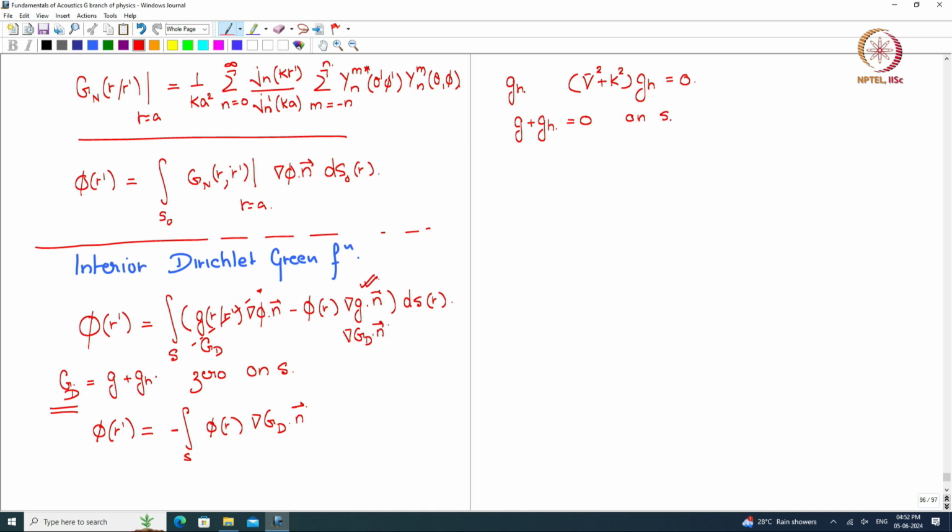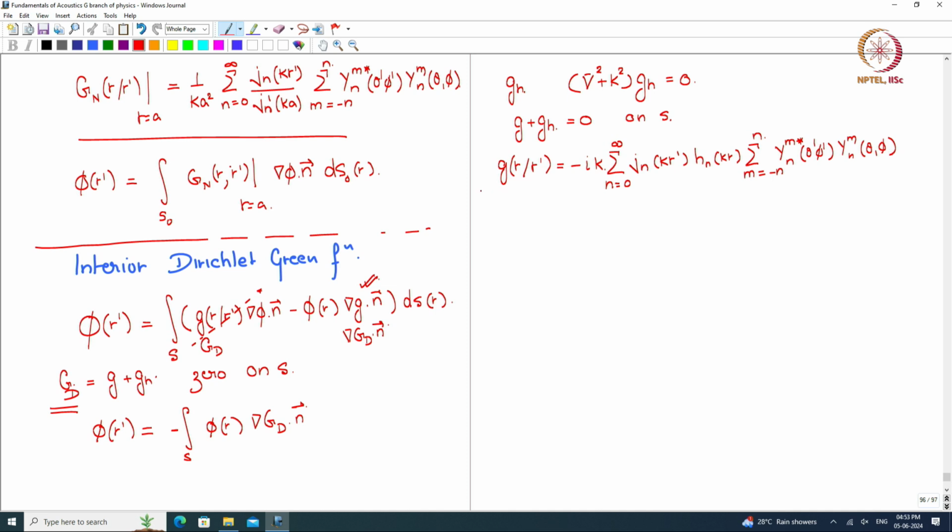Okay. So now we have the expansion for G. G of r slash r dash is given by minus i k summation n equal to 0 to infinity j n of k r dash h n of k r, summation m from minus n to n, Y m conjugate n theta dash phi dash Y m n theta comma phi.